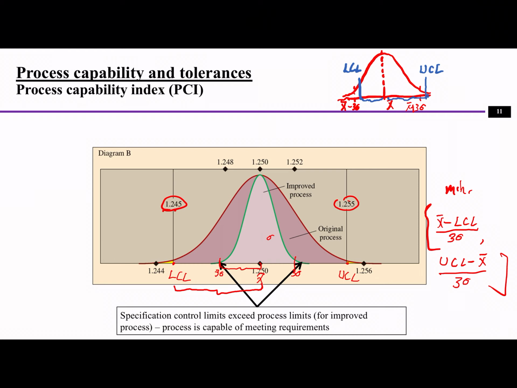Which means this is not symmetric. If it's not symmetric, it means there is a shift of the mean. Because there is the design, and the design normal distribution should be this. This is the design normal distribution, and this is supposed to be the x bar.